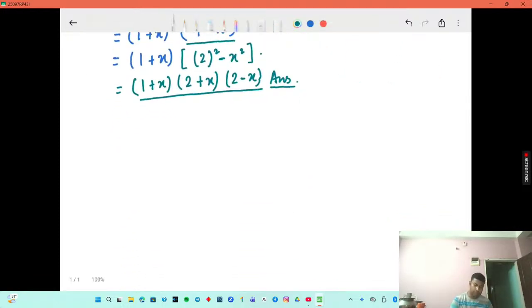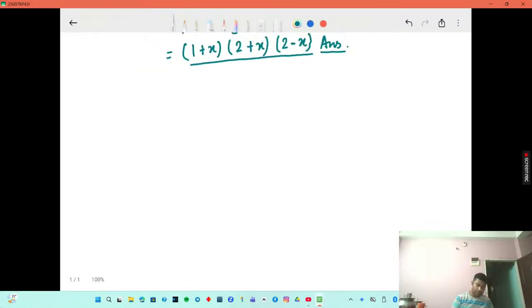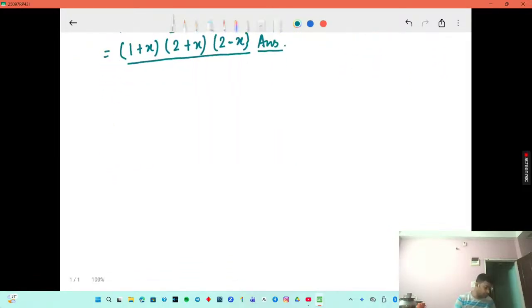So the next question is given as: x minus 2 is a factor of x cube minus 2x square minus 9x plus 18.